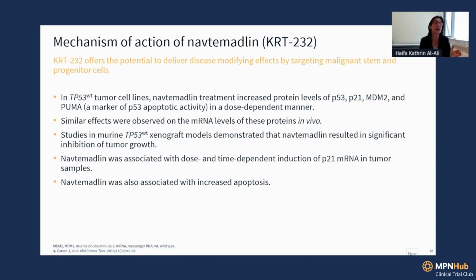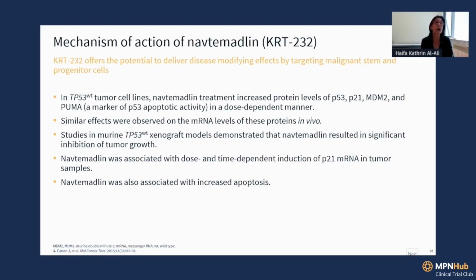It is interesting to note that the compound does not only work on a protein level, but also on a messenger RNA level. For example, let's look at the p21 messenger RNA increase under Navtemadlin in a dose- and time-dependent manner. And as you all are aware, p21 is a really major target of p53 activity, as it links cell damage, DNA damage, to cell death.